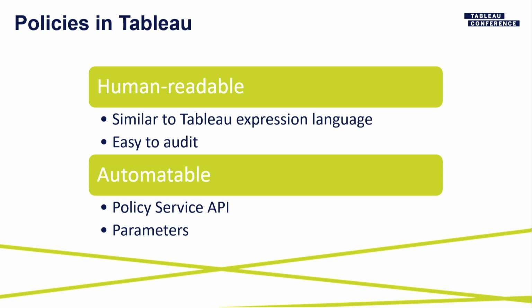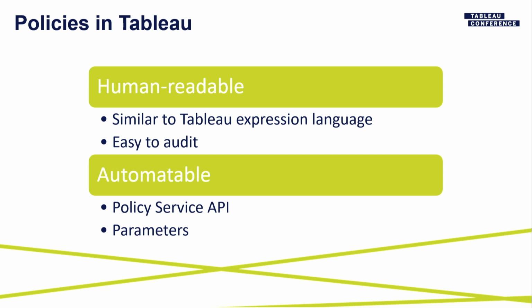It's also important for us to make sure that these policies can be created visually, I mean, this is Tableau, but also automated. So the policy service and all the other services in that diagram will have APIs that you can use to rapidly apply variations on policies to many different data sources without having to do them all one by one.